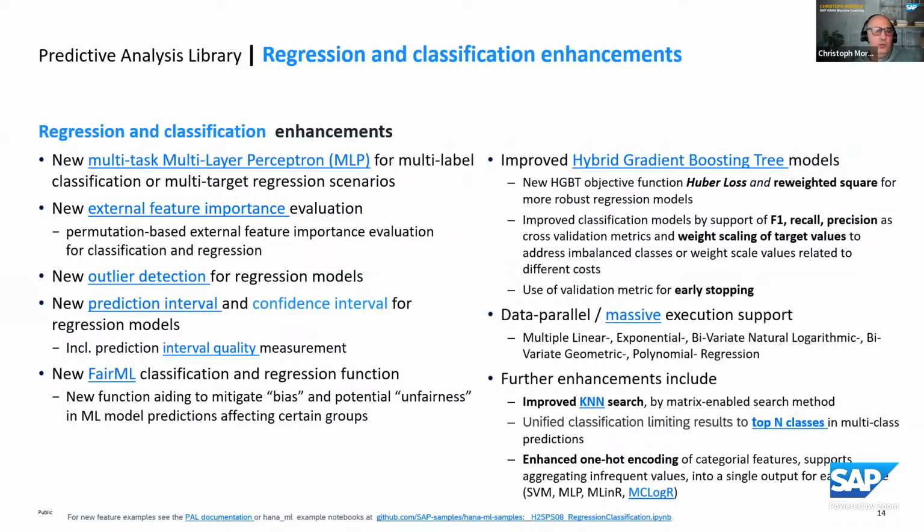We introduce a new function for FairML, for binary classification and regression scenarios, which aids data scientists building a model where there is a need for mitigating or managing bias and potential unfairness in the algorithm, because the model is used in a context where it may affect certain underrepresented or delicate groups, in this case humans who might be affected by this model.